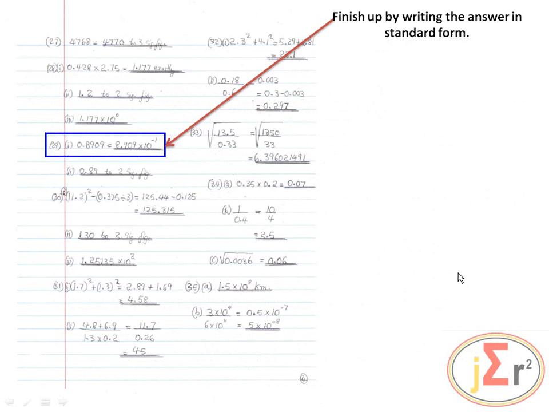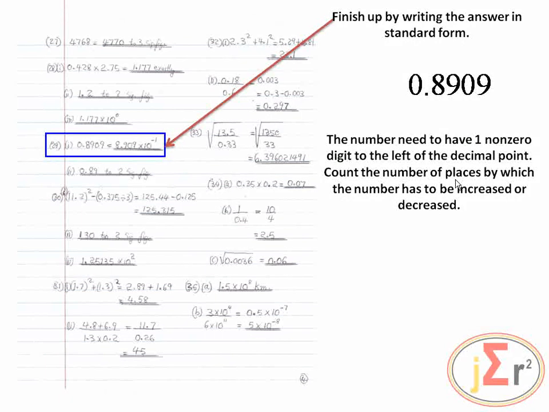Finish up by writing the answer in standard form. Let us write that number in standard form. The number needs to have one non-zero digit to the left of the decimal point. Count the number of places by which the number has to be increased or decreased. Just one.